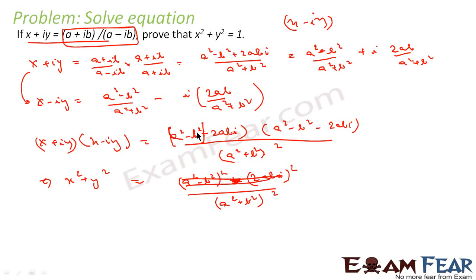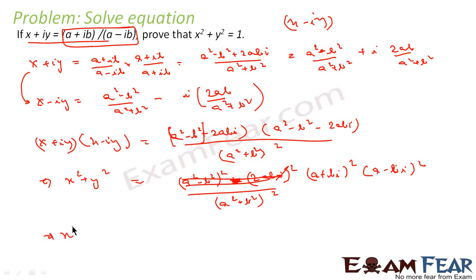We could have also said it like this to simplify the problem. Instead of saying this, we know that a square minus b square minus 2abi is nothing but a minus bi whole square, and a square minus b square plus 2abi is a plus bi whole square, because a minus bi whole square is equal to a square minus b square minus 2abi, and a plus bi whole square is equal to a square minus b square plus 2abi.